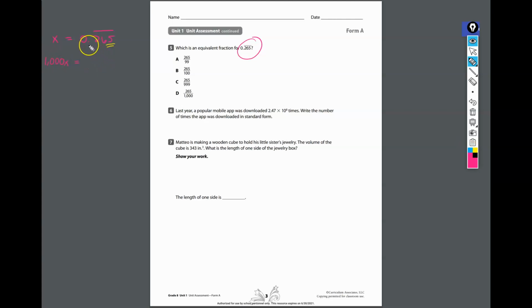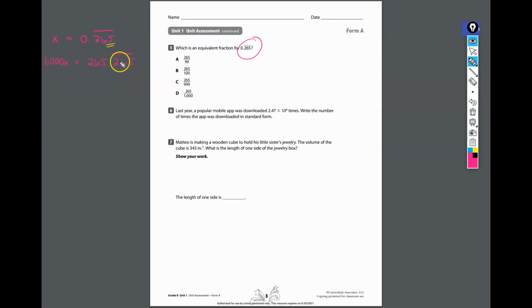On the other side, we've been talking about scientific notation and moving the decimal. If I multiply by 1,000, then that means this decimal goes at the end. So I'll have 265. And what goes after the decimal? Well, these numbers keep repeating, so it'll be 265 repeating.